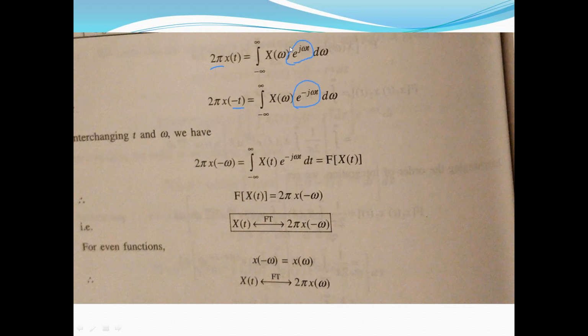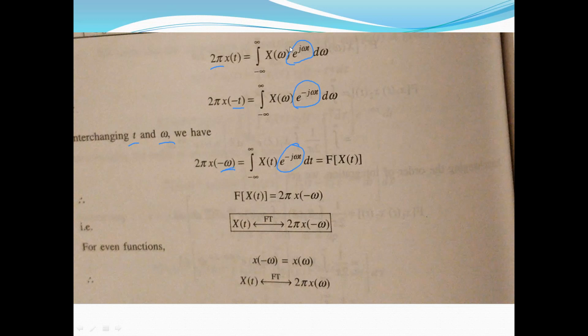Now interchanging t and omega: t we write as omega and omega we write as t. In that, the exponential function will not change because both t and omega are there. The only thing that changes is here, x of minus omega.